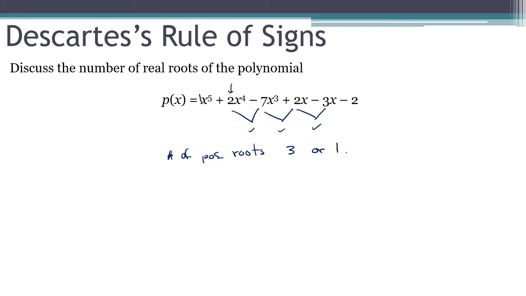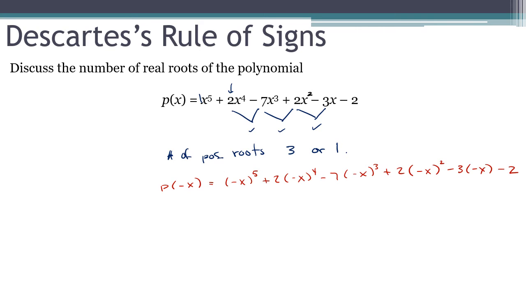So these are the possible numbers of positive roots of this polynomial. Now how about negative roots? Remember, we're going to do almost the same thing. First, I'm going to calculate p of negative x. That's negative x to the fifth plus 2 times negative x to the fourth minus 7 times negative x to the third plus, that was supposed to be an x squared here, plus 2 times negative x squared minus 3 times negative x minus 2. Now you see what we've got going on here.